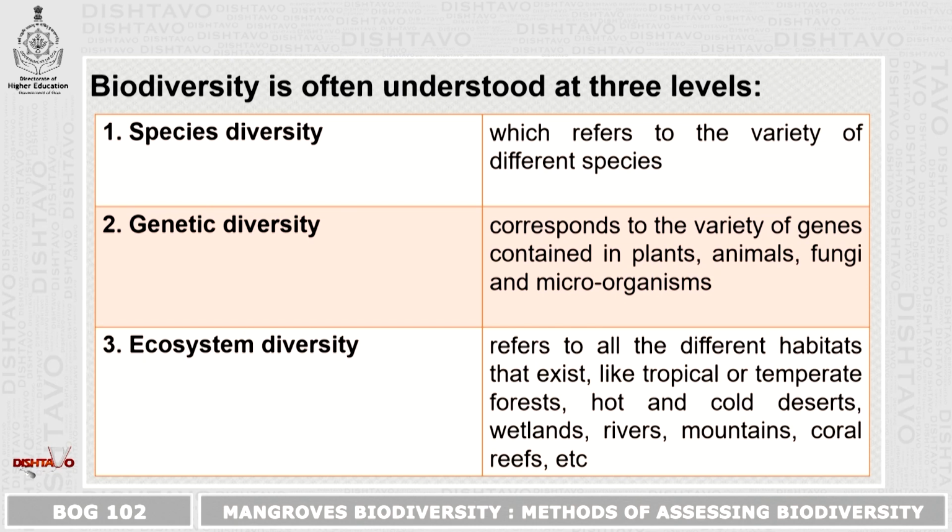Genetic diversity refers to the variety of genes which are contained in plants, animals, fungi, and microorganisms. Ecosystem diversity refers to all the different habitats in which plants or animals exist, like the tropical or temperate regions, forests, hot and cold deserts, wetlands, rivers, mountains, coral reefs, etc.